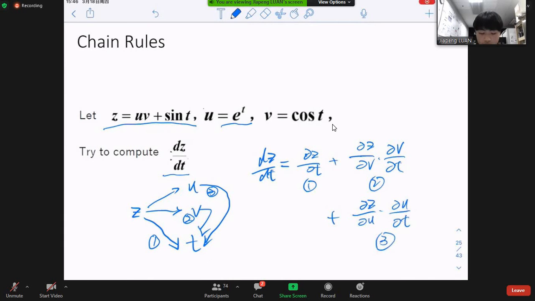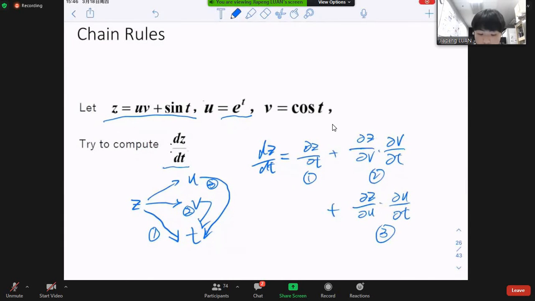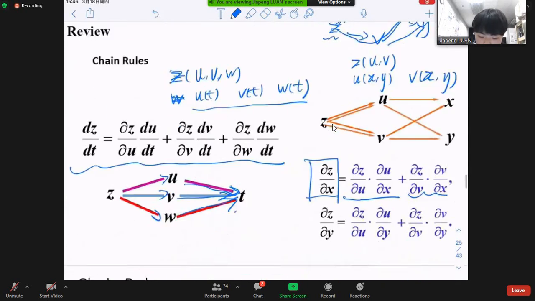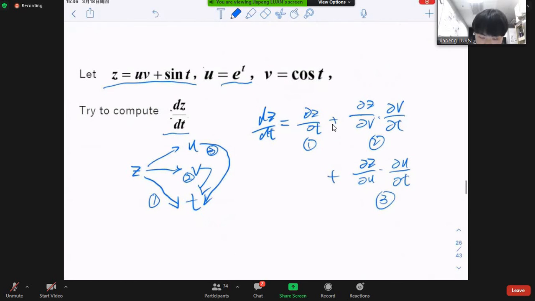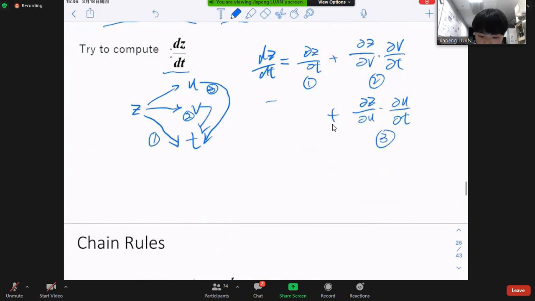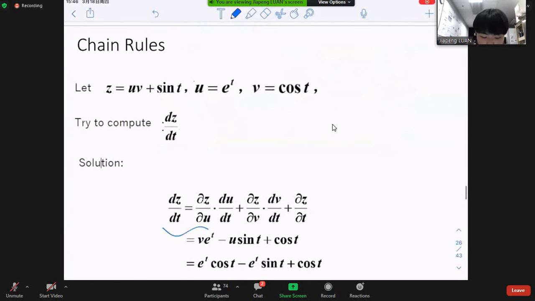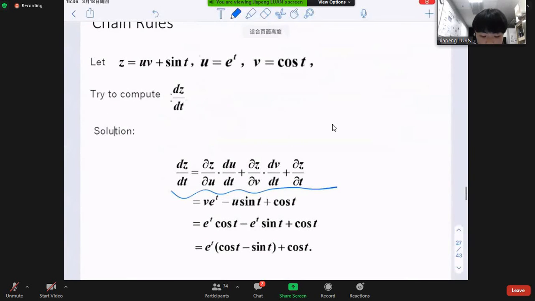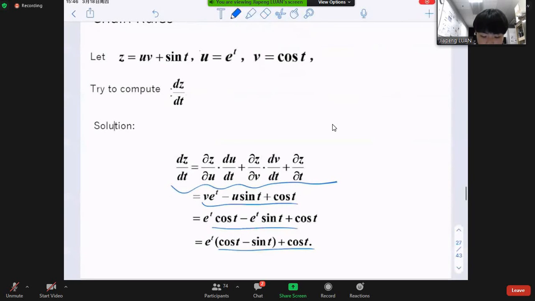So you can easily write down this equation, and you calculate these three things one by one. Okay, so this is the answer. You can see that this is exactly the same with this. And then you can write down the solution, and you calculate this answer.